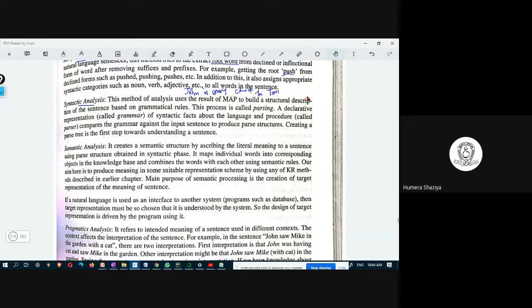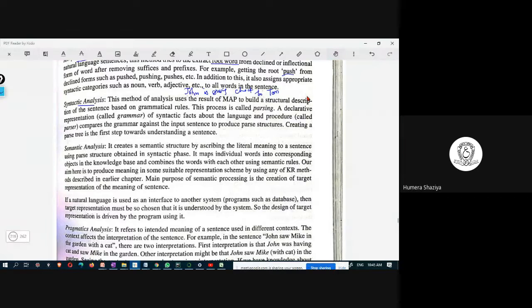To understand the sentence, it has to be parsed. Parsed means we have to come up with a tree or any specific representation that states what is John, whether John is the subject or John is the object, John is the noun or John is the verb.